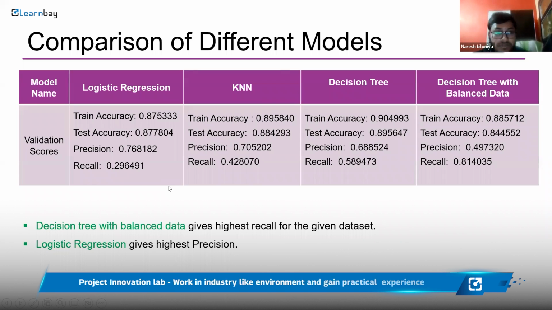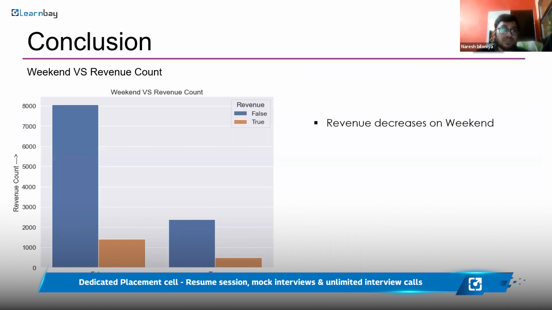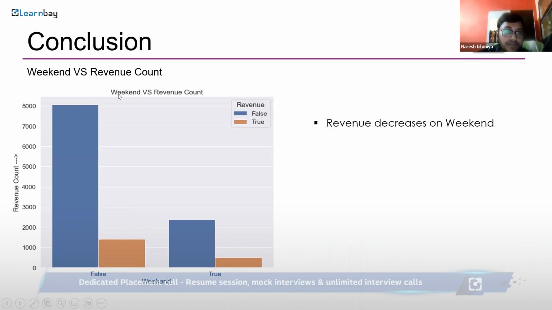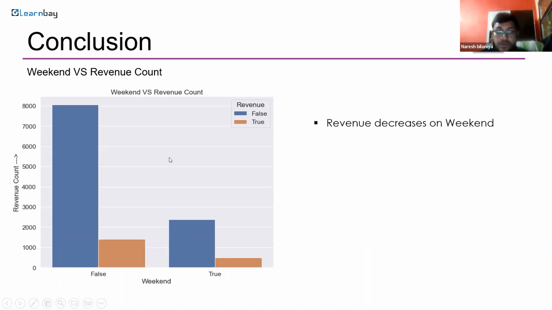So here we have done the comparison, but now from the given data we have drawn some conclusions also. In the conclusions, this is the graph of weekend versus revenue count. True means there is a weekend, and false means there is no weekend.